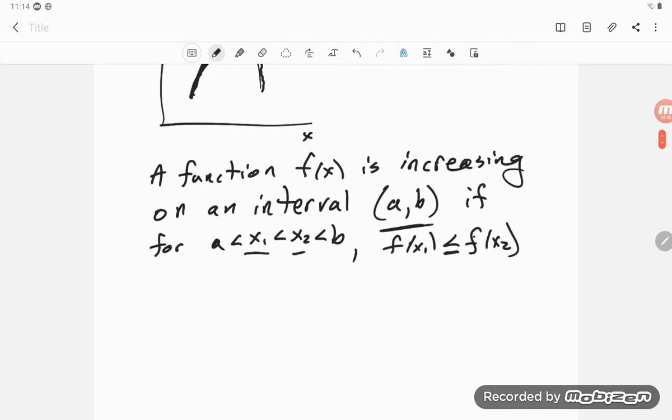Now it's strictly increasing if there's no possibility of equality, with a strict inequality there.